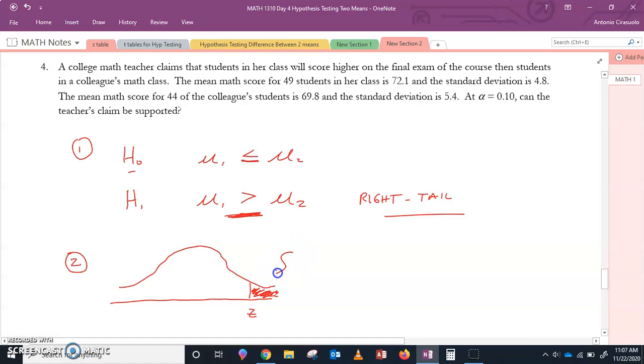And we need to find out what is the z-score based on alpha being 0.10. So we know that from half onward is 50%. That would make this 0.4000 from there to there.